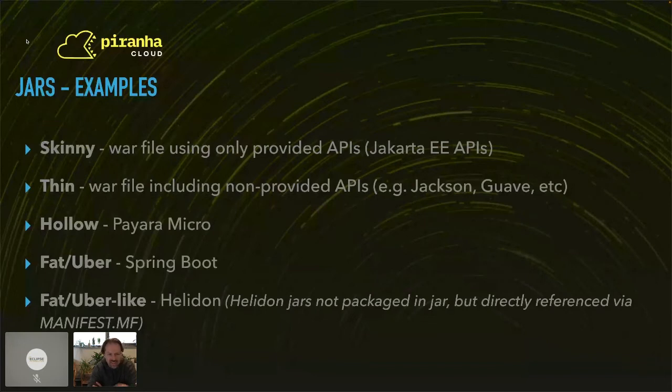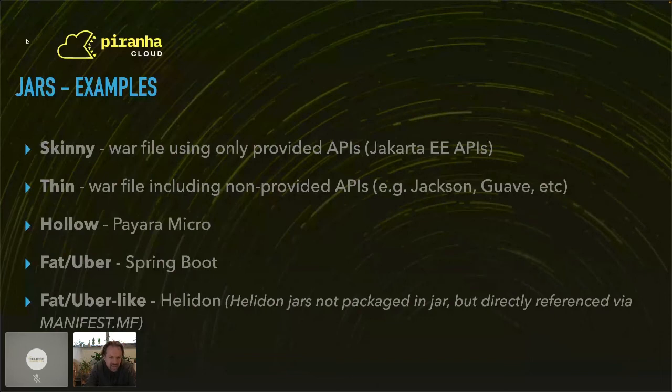The thin one is mostly a war file as well, but it contains some non-provided APIs, and this means that the libraries that contain this code are included in the lib folder of the war file. And a war file is essentially just a jar file as well. It's just another extension, but it's technically a jar file.